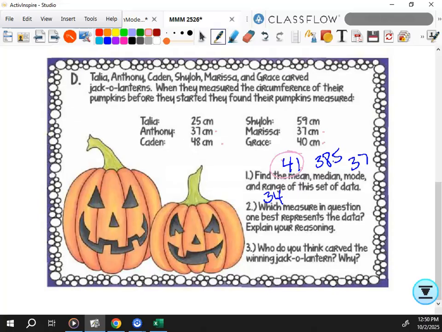And then also the mode and the range are too low. So the range, that really doesn't make a whole lot of sense to represent the data anyway. And then the mode, even though it's 37, that's on the low end when you put them out. So it doesn't really represent the higher numbers. And the mean may be another acceptable answer, kind of for the same reason that 41 is. So it has to do with that specific set of data.